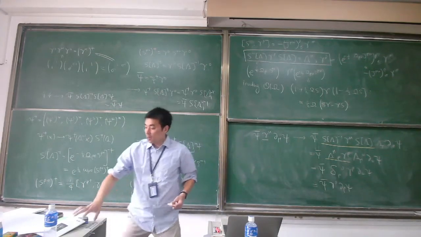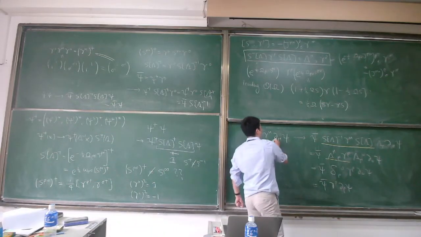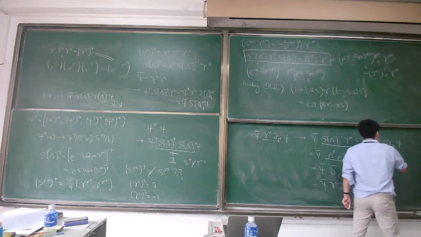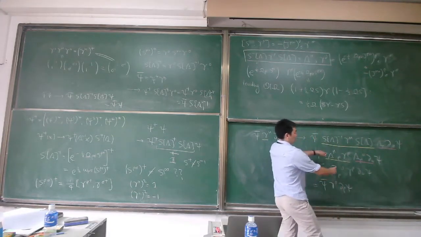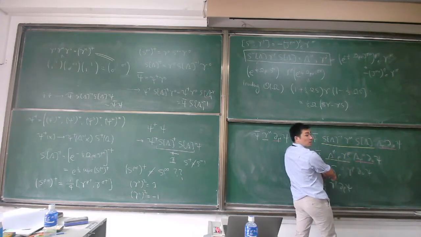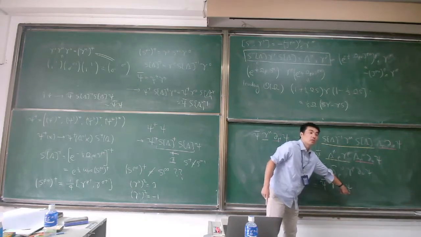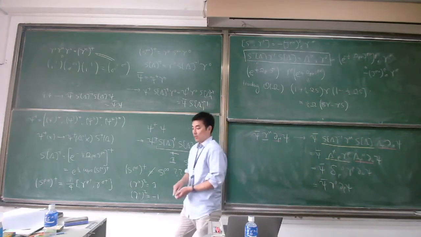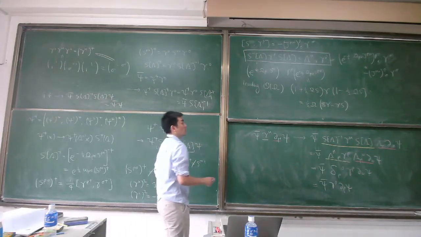On the other hand, this part is transformed under Lorentz transformation this way. And if you contract, the gamma matrix is just the inverse matrix. So therefore you get the delta, and what you get is the original combination, gamma dot partial. Therefore this is Lorentz invariant.